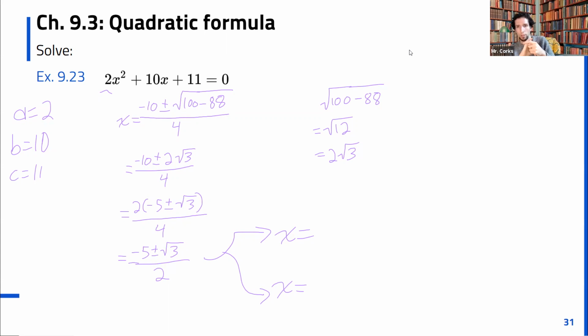So if this is totally new for you, I want you to learn sum product method because it's very quick and we're going to use it a lot. And I want you to learn quadratic formula because it's the most versatile and the most reliable. So those two, absolutely. The other methods, and there are more methods in the textbook as well, that's up to you.